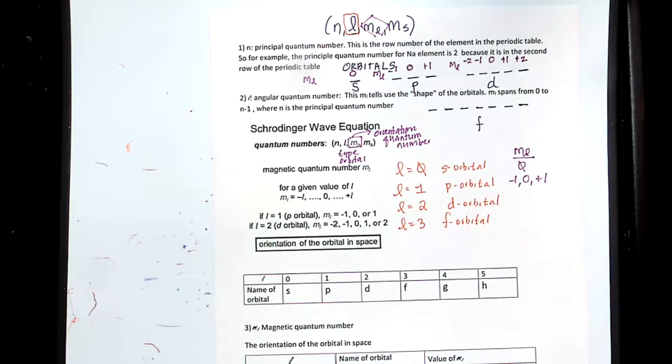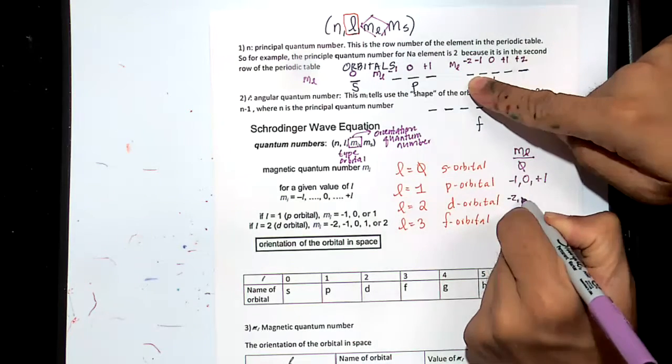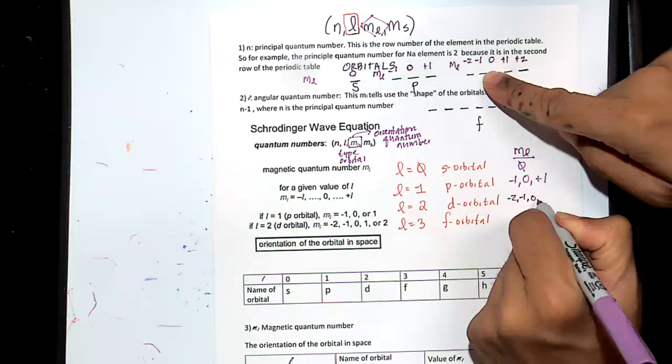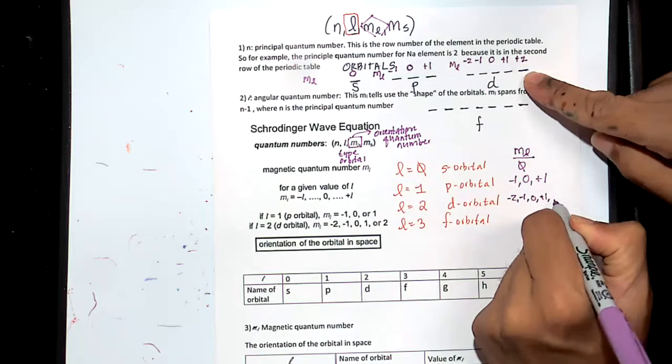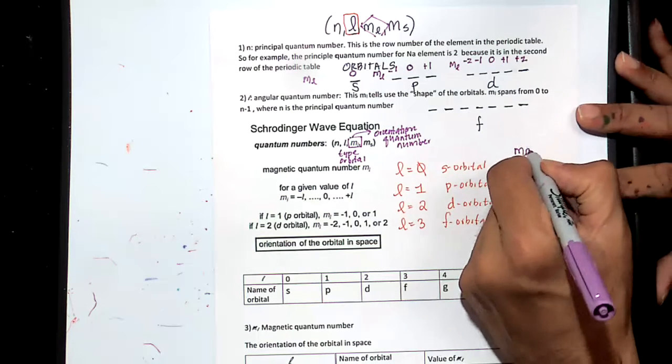So here the electrons can go in -2, they can go in -1, they can go in 0, they can go in +1, or they can go in the +2 slot. Think of it as different rooms in a house. The house here is the d orbital. That's the third quantum number, m sub L.